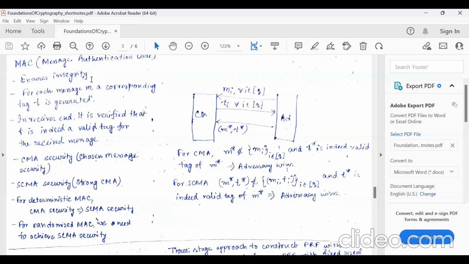So if we forget about the encryption first, so just say message M is being delivered, and integrity or authenticity is completely different concept than confidentiality.